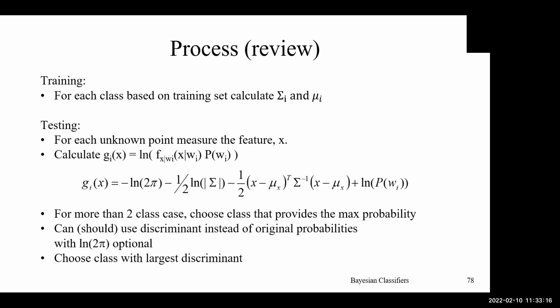Out of your 10 classes, which one has the greatest probability? You can and should use the discriminant instead of the original probabilities to avoid round-off error problems. And yes, the log of 2 pi is optional. Choose the class with the largest discriminant, which is equivalent to the class with the largest probability.